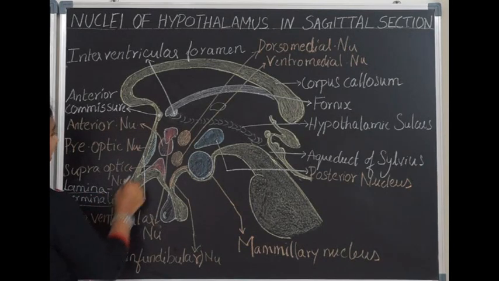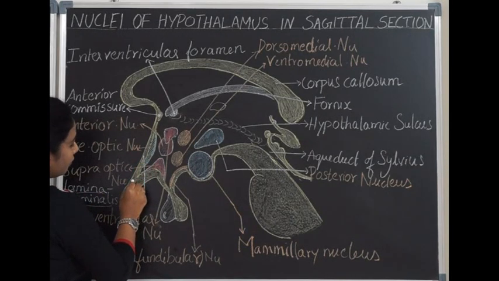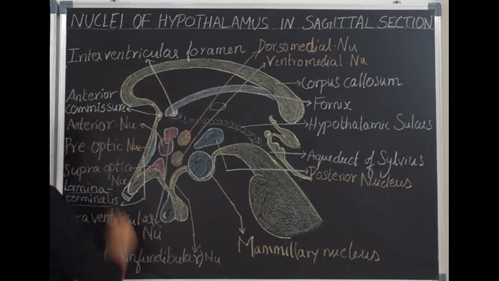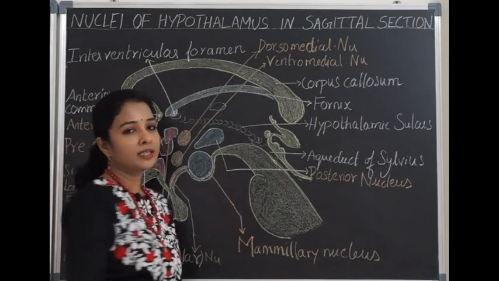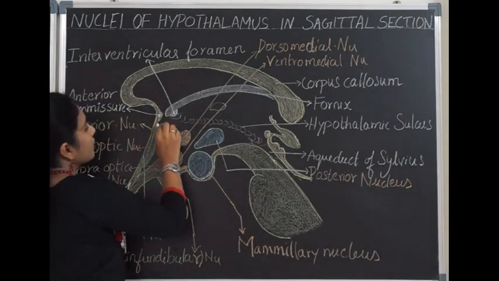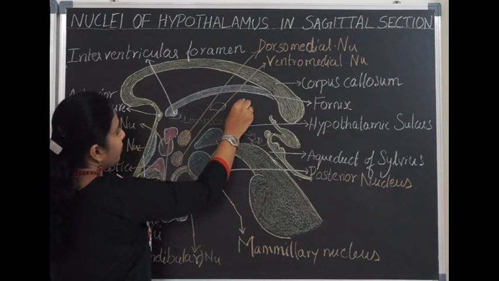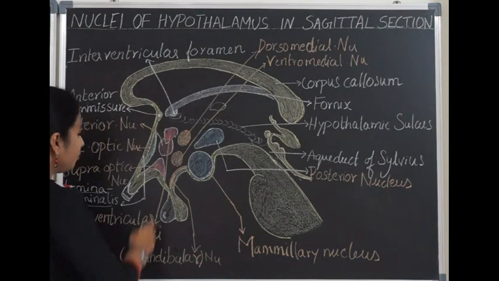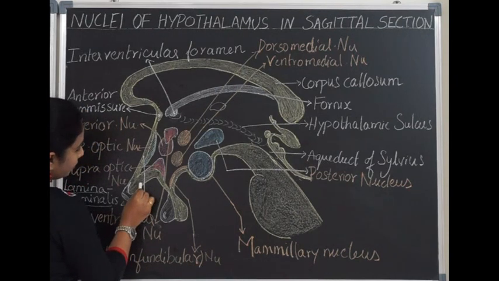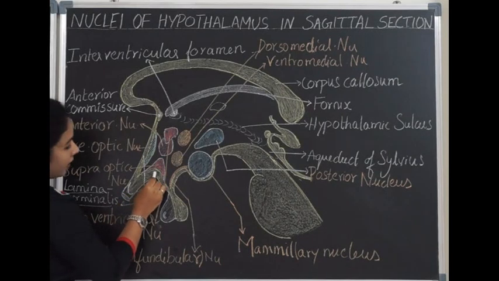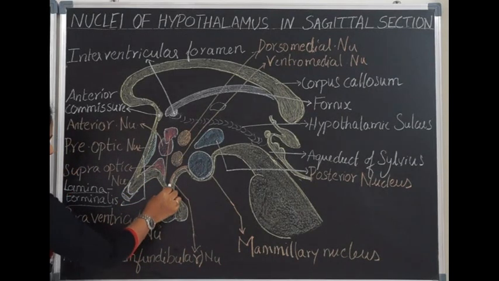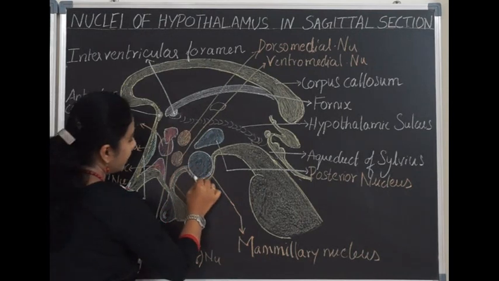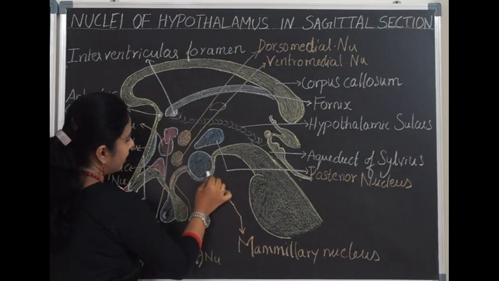The lamina terminalis is the anterior boundary which extends from the optic chiasma till the anterior commissure, and posteriorly it is bounded by the subthalamus, and superiorly it is separated from the thalamus by the hypothalamic sulcus, and inferiorly it is related to the optic chiasma, tuber cinereum which continues as the infundibulum and pituitary gland, and the mammillary body having the mammillary nucleus.